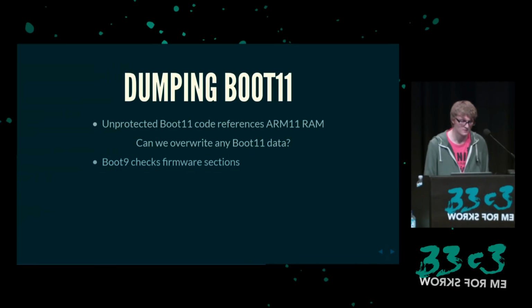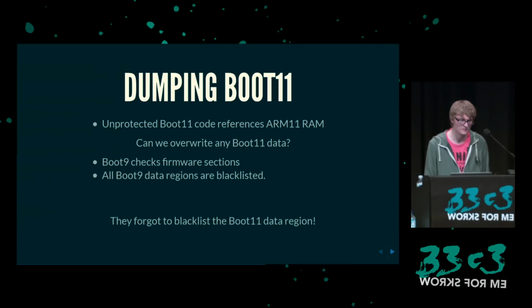But the boot ROM developers were kind of clever, and the ARM9 boot ROM checks the firmware sections, and they have some kind of blacklist. Unfortunately, you can't just overwrite boot9 data sections. But for some reason, they forgot to blacklist all the boot11 data regions.